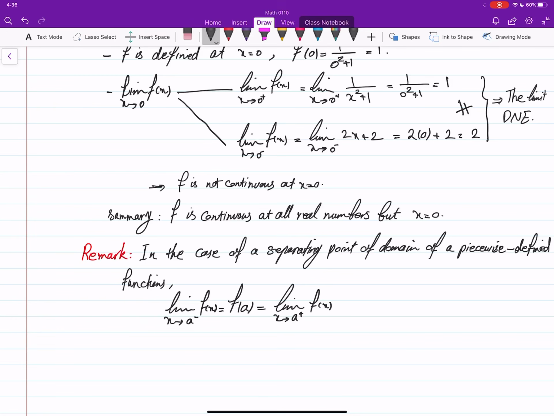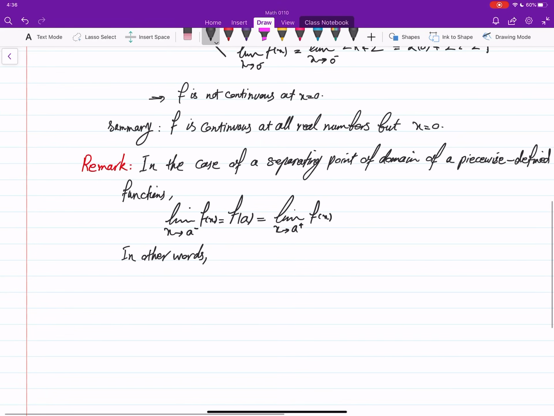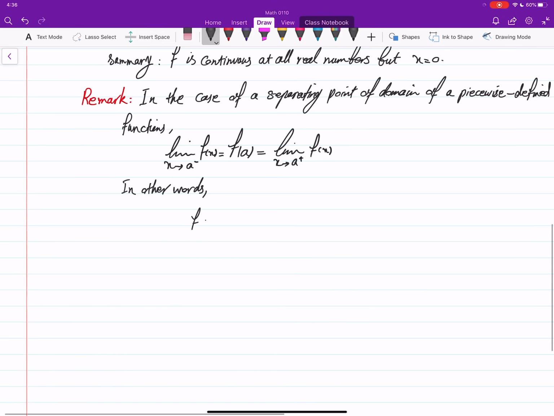So in other words, we check f is defined at a.